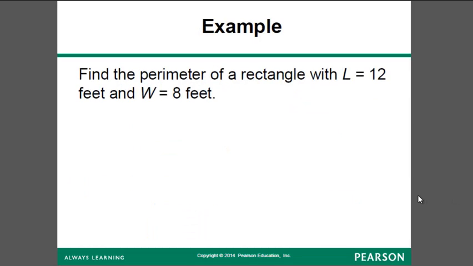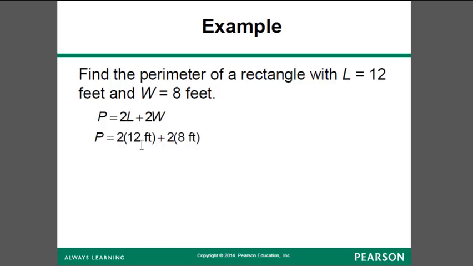The first one is we want to find the perimeter of a rectangle with length 12 feet and width 8 feet. Recall from the previous slide that the perimeter is 2 times the length plus 2 times the width. So what we're going to do is replace our L with our 12 and replace our W with our 8, which is what I've done here.